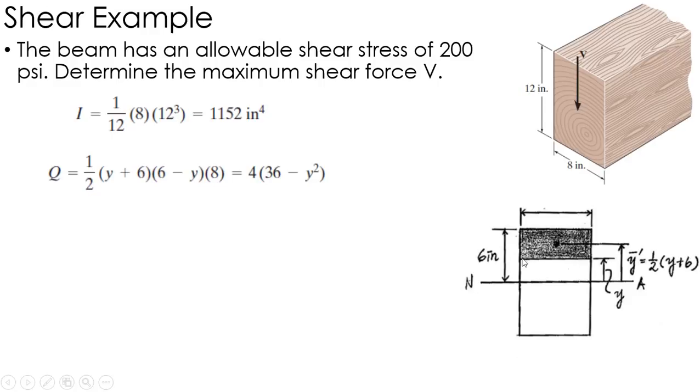So the shear stress at some arbitrary location Y, again, is given as the centroid of this times the area of this. And the centroid is given as 1/2 Y plus 6. Okay, that's the location of the centroid of this area right here.